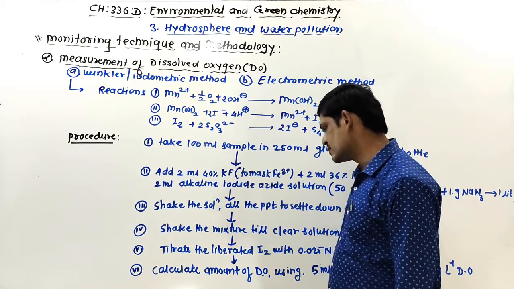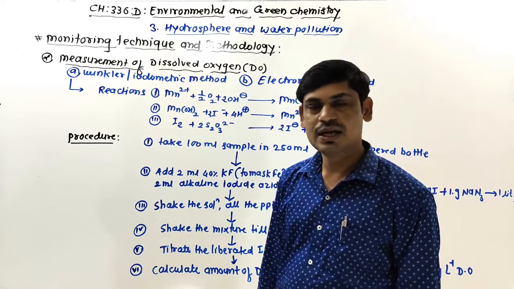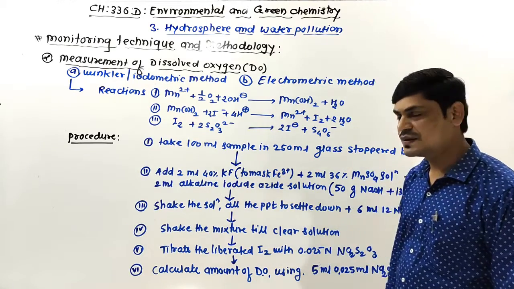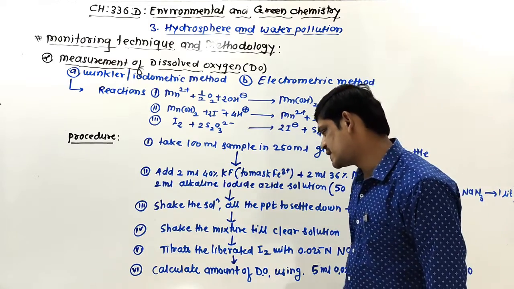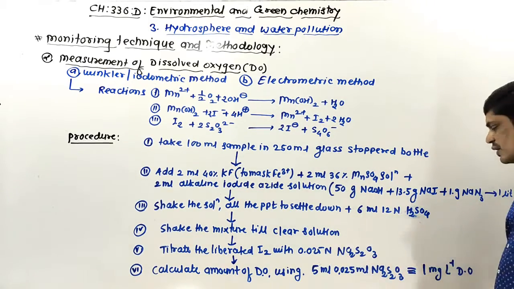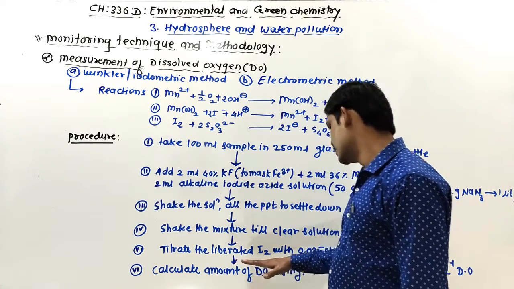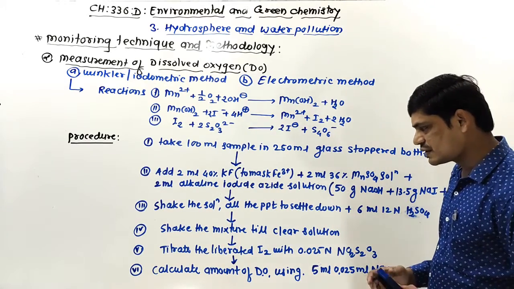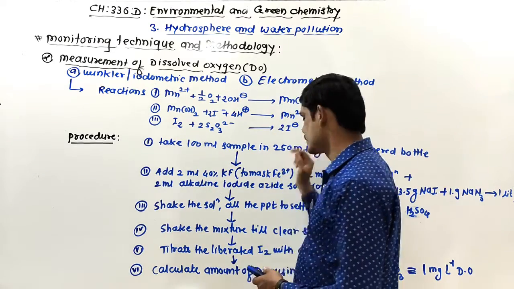Now this clear solution contains iodine, I2, and we have to measure the amount of iodine liberated. For that purpose, titrate the liberated iodine with 0.025 normal sodium thiosulfate solution. Now the burette reading will give the amount of iodine liberated during this process.